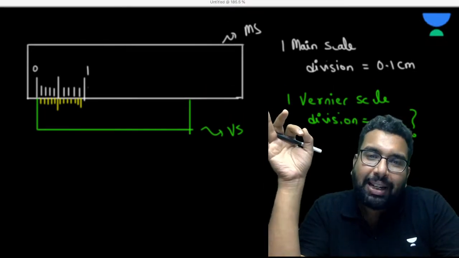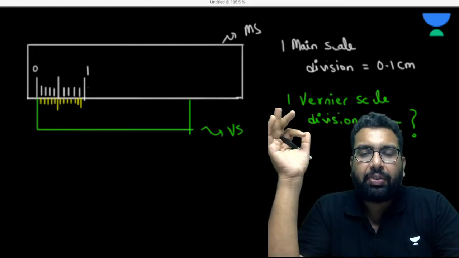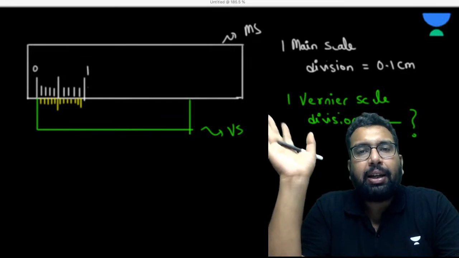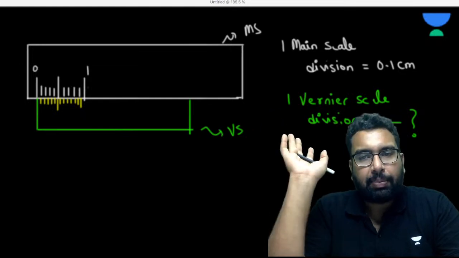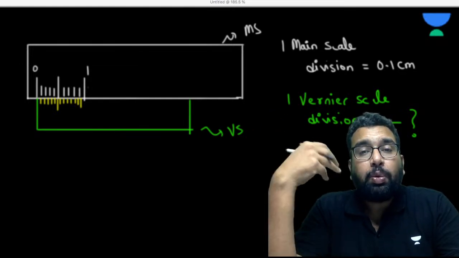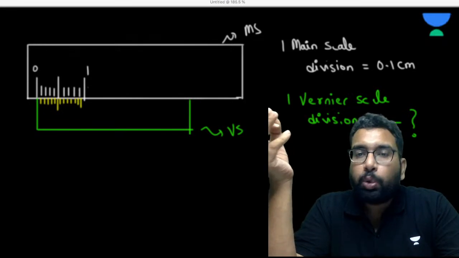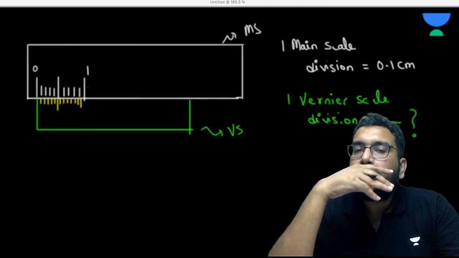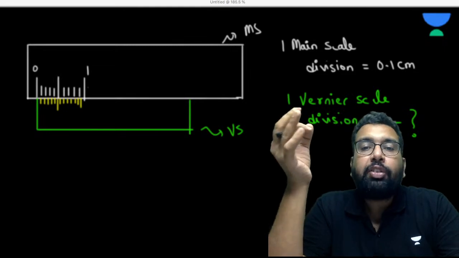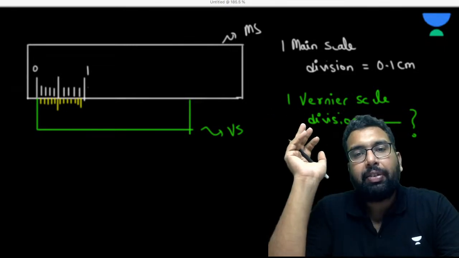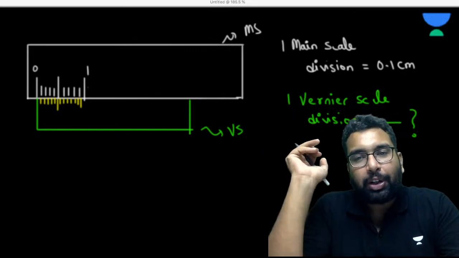If you use the main scale only, you can measure with accuracy up to one decimal place. But when you want to measure up to two decimal places, you must use the vernier scale, and then the division of the vernier scale has to be less than the main scale division, because otherwise it cannot measure less than 0.1 centimeter.